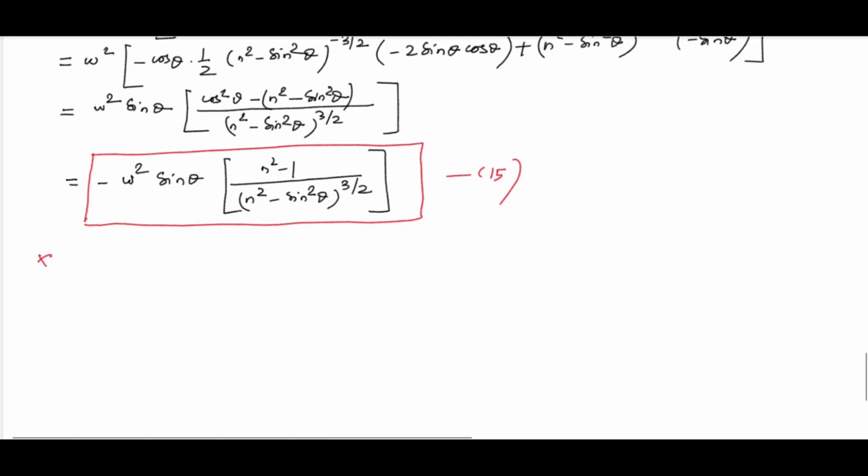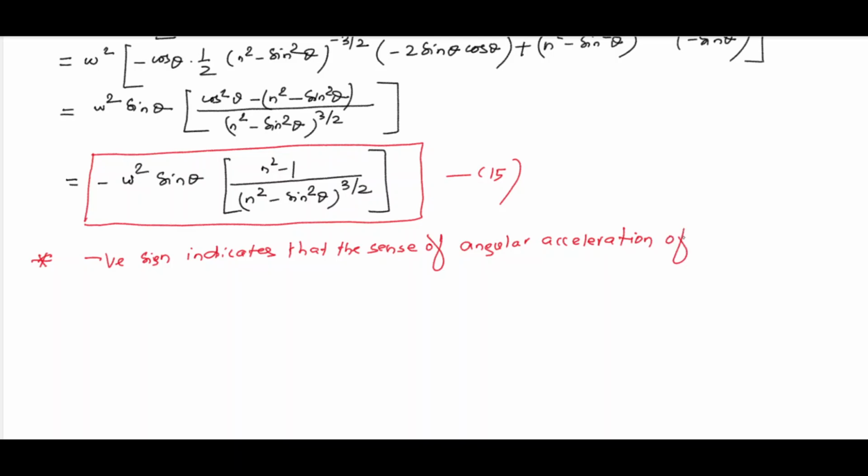Now this negative sign, star mark, negative sign indicates that the sense of angular acceleration of the connecting rod is such that it tends to reduce the angle beta.